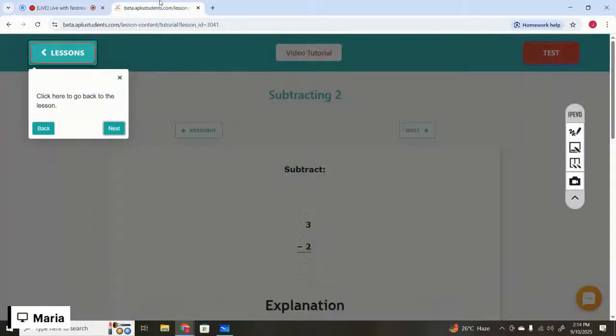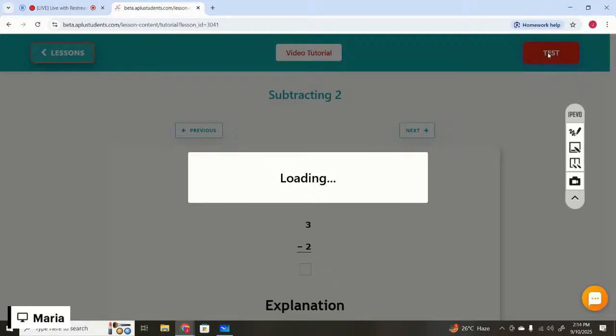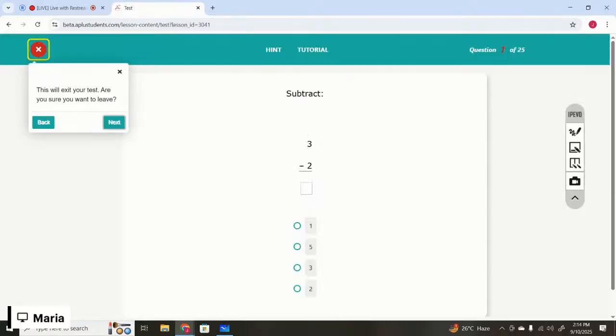So we are going to learn how to subtract 2. Subtracting 2 means you go back by 2 digits, right? So let's just learn how to subtract. The first example is 3 take away 2.